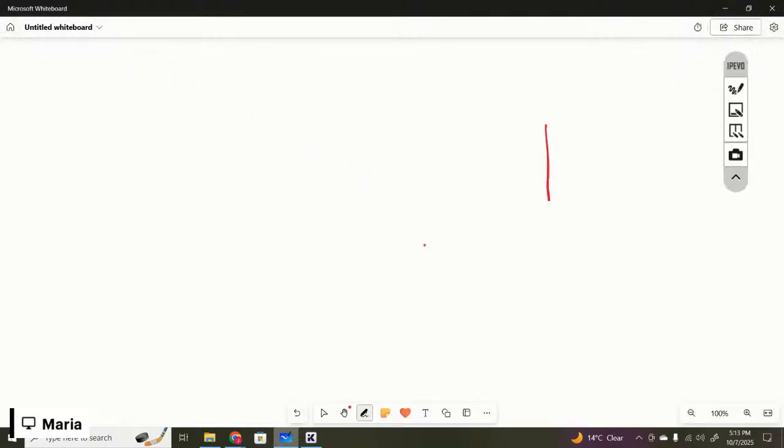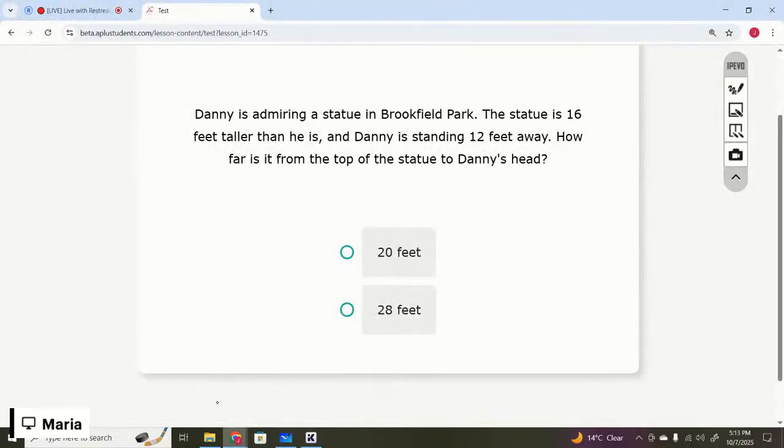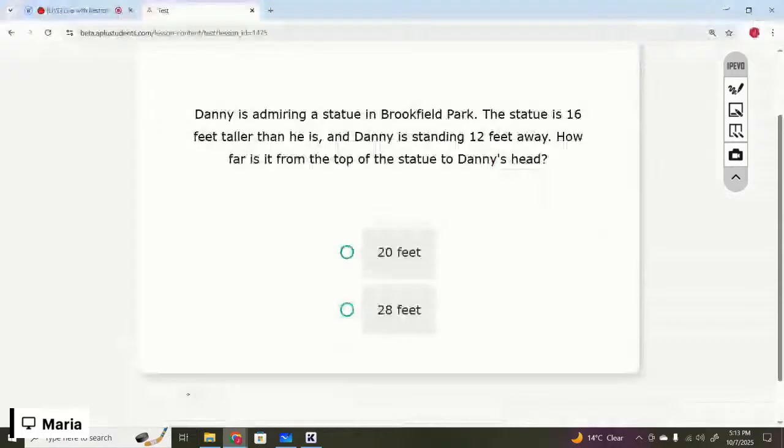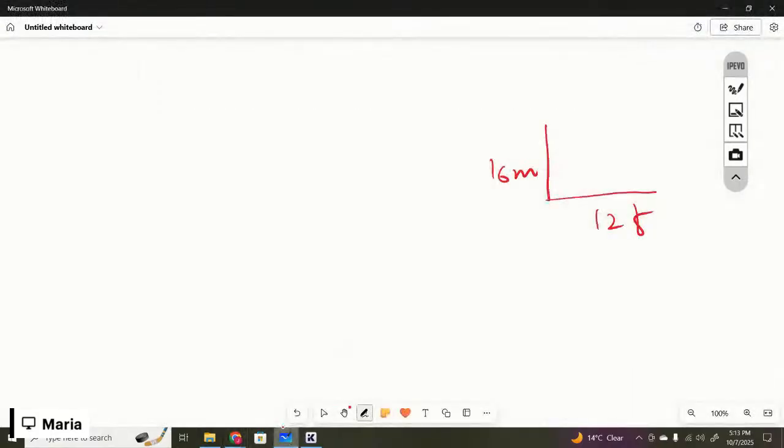Okay, here is the statue that is 16 feet tall, and then Danny is standing 12 feet away. This is the distance between them, that is 12 feet away. And how far is it from the top of the statue to Danny's head? So you need to find this distance, right? This is also in feet.